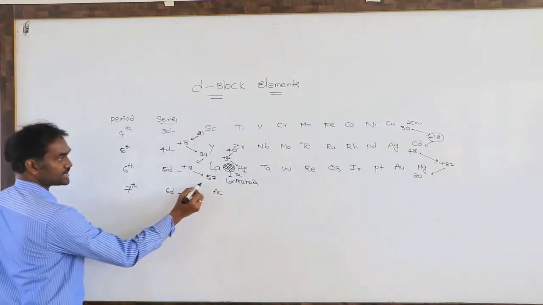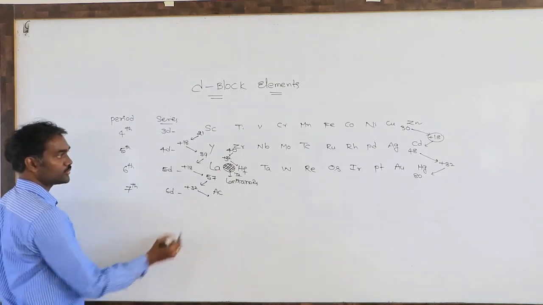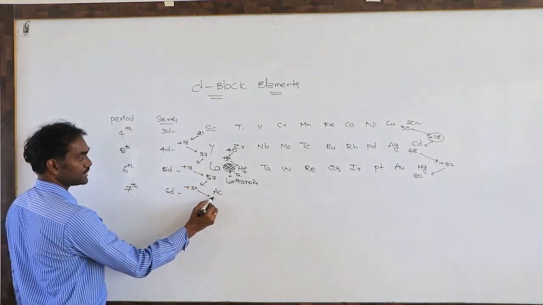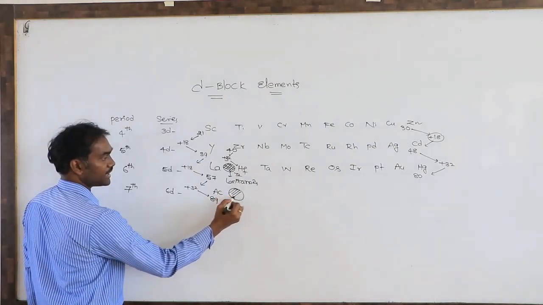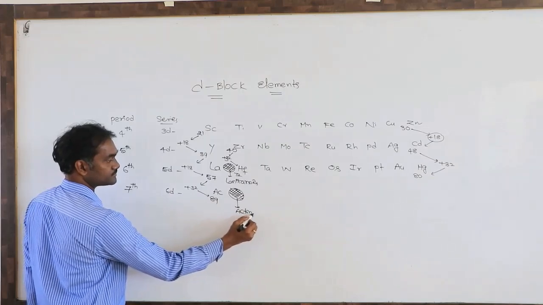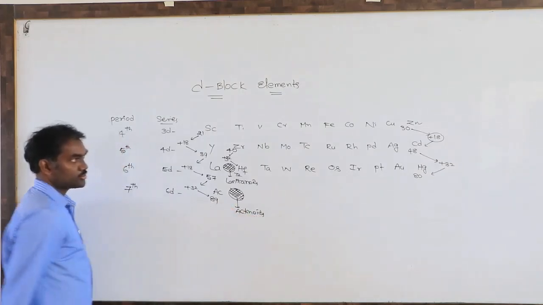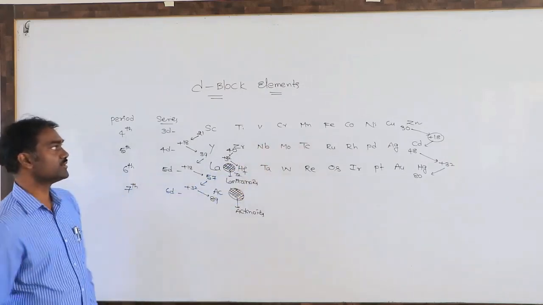Here 57 plus 32 gives 89. After actinium we have actinoids, but all are radioactive elements. So these three periods only we will see.